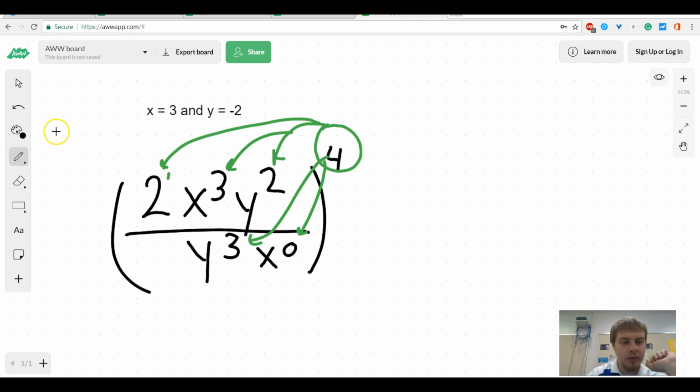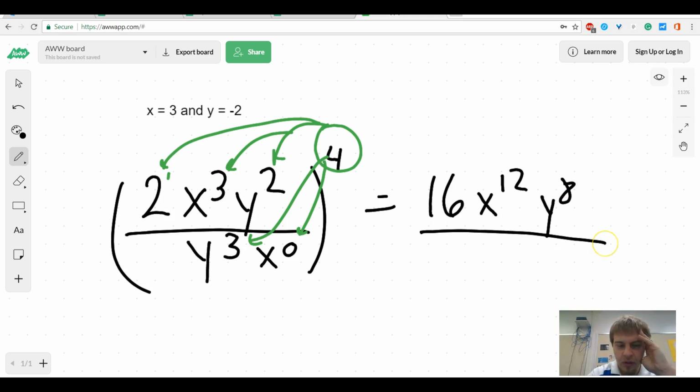From here, for this you get 2 to the 4th, so 2 to the 4th would give you 16. This would be x to the 12th. This would be y to the 8th over y to the 12th and x to the 0, because 0 times 4 is 0.